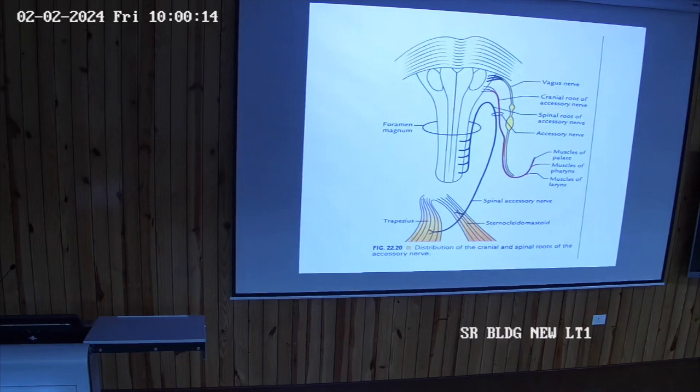This spinal part of the accessory nerve communicates with the C2, C3 and C4 fibers, which carry the proprioceptive sensations from these muscles. The C2 and C3 fibers join with the sternocleidomastoid muscle, and C3 and C4 with the trapezius muscle.